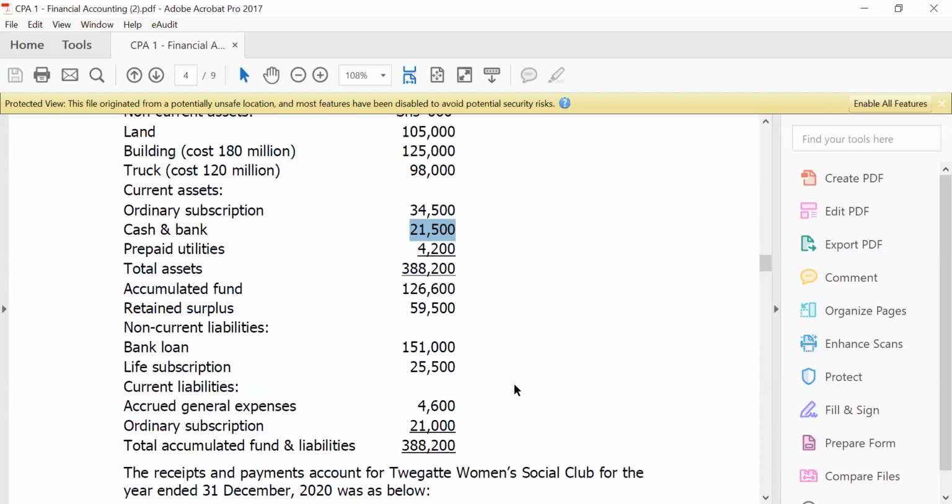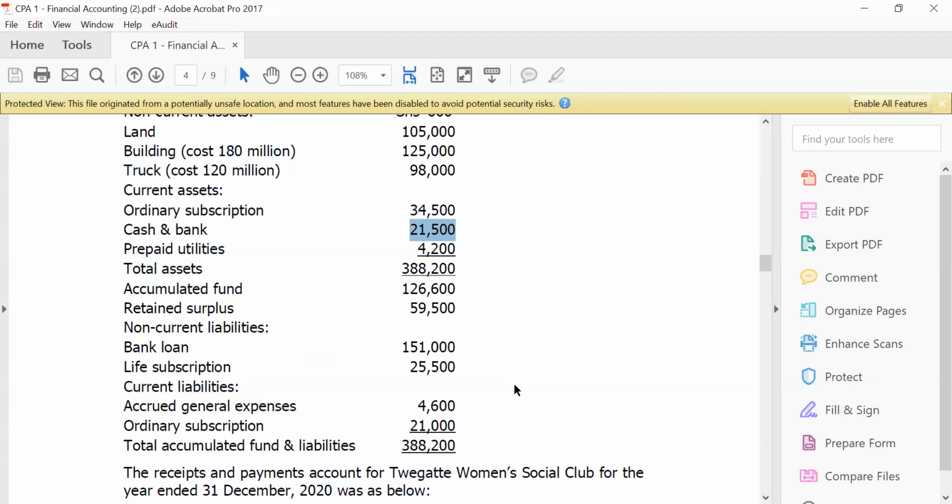Members, other than contributing ordinary subscriptions, can also contribute life subscriptions. And how do life subscriptions work? A member will contribute money in regards to life subscriptions for a period, let's say 5 years or 10 years.